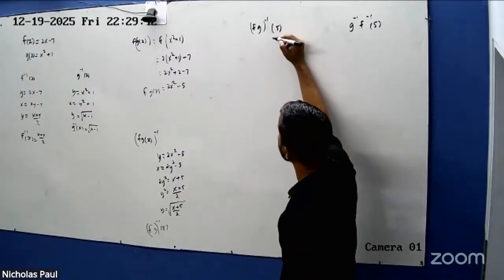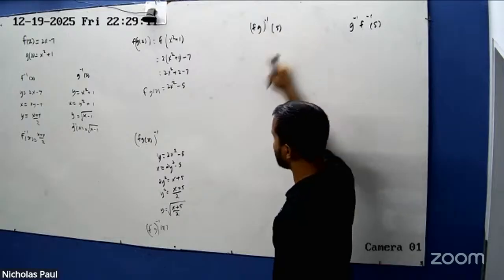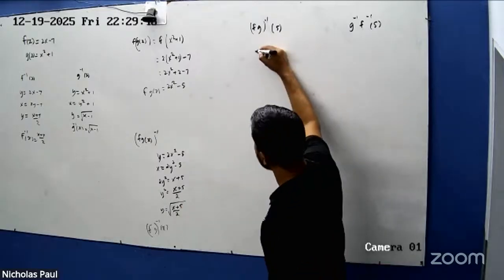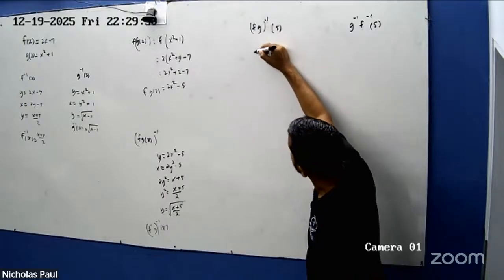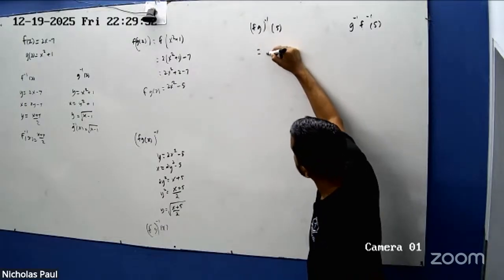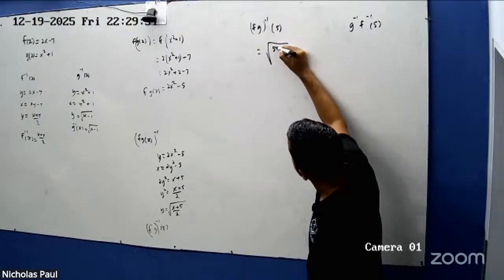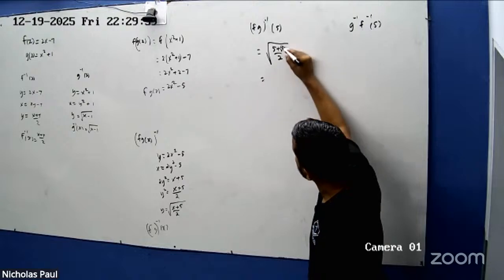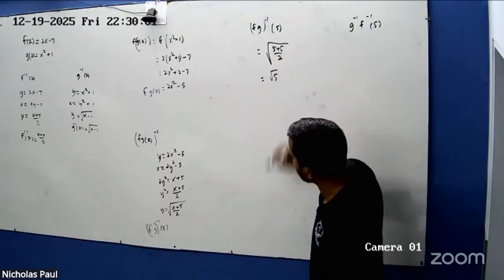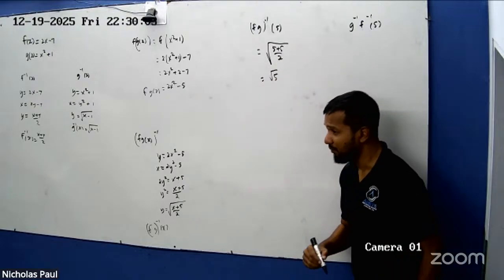Now, let's find f of g inverse 5. All I have to do now is take this and put 5 in there. So I will get the square root of 5 plus 5 over 2. That's 10 over 2, which is the square root of 5. Did you get that?